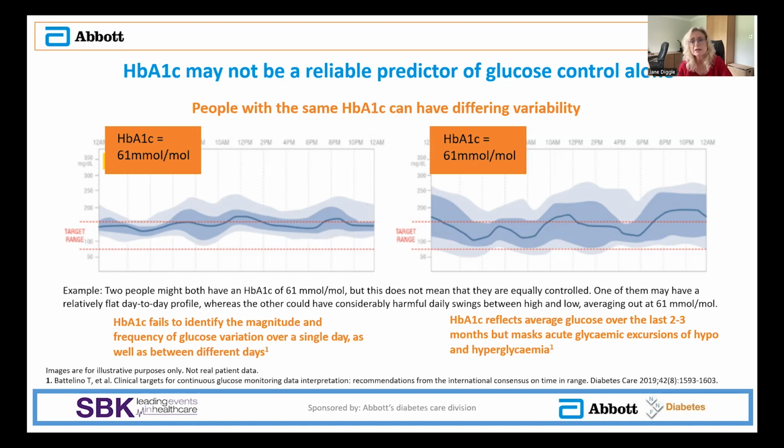So for the person on the left of the screen, if you look at that thin dark blue line, which is what we call the median line, so that's the middle value in a set of data, you can see it's fairly flat and it's mostly within that red dotted band, which is the target range.